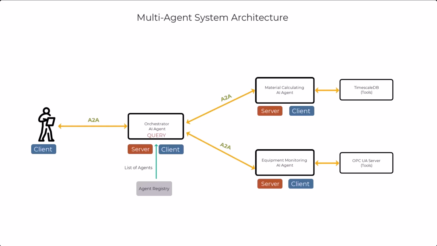The equipment monitoring agent connects to an OPC UA server and retrieves real-time data, while the material calculating agent queries the database and calculates requirements. They respond to the orchestrator with structured data through A2A. The orchestrator combines these insights, applies business logic, and provides the final answer to the user.